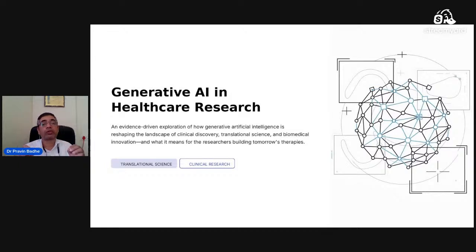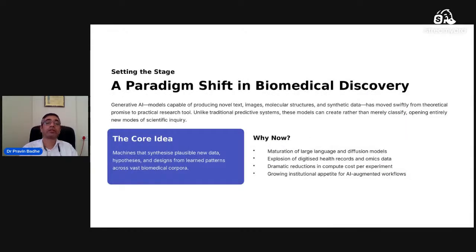But when you are doing that, it will be the generative AI, which normally all the large language models give when you ask the question. So generative AI is very important to understand because it is changing how biomedical innovation or translational science, even the clinical discoveries are happening, and how they are utilizing them in those all three areas.